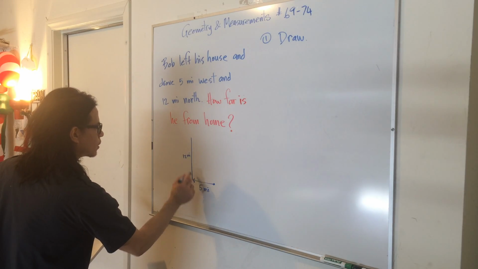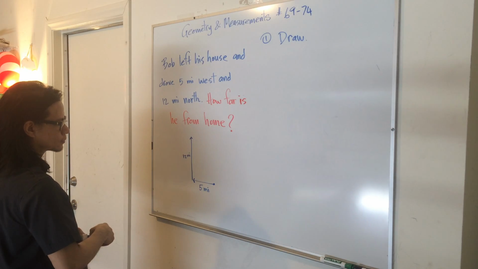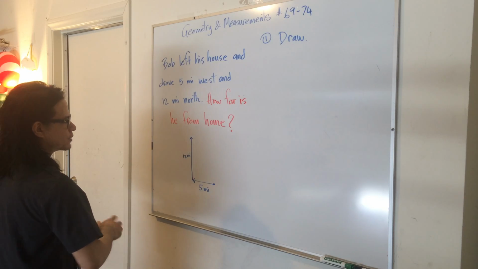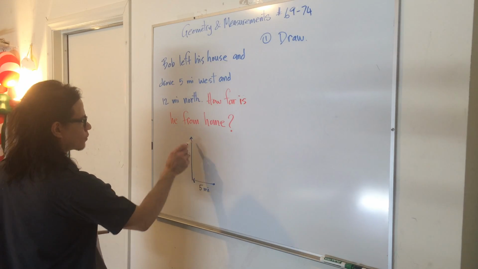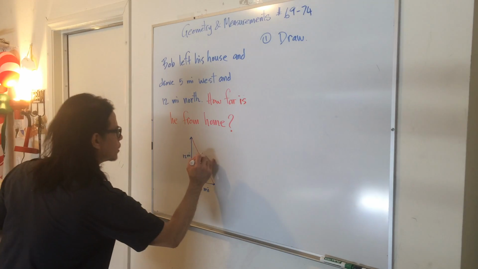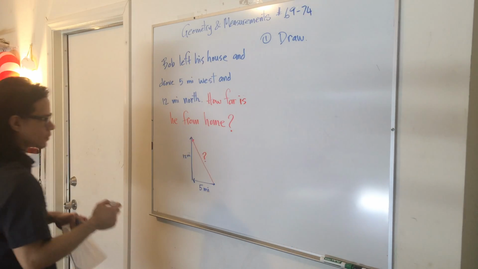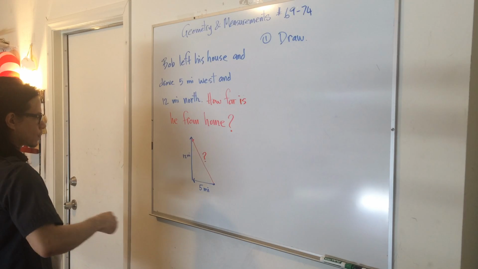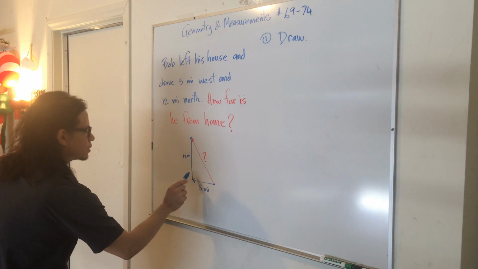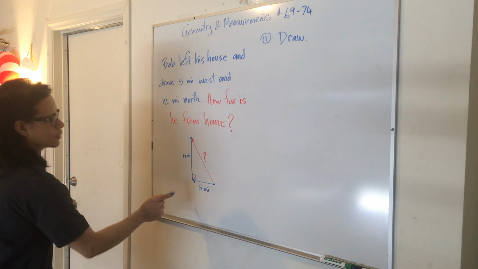Okay. So after going north, how far is this distance here? Okay. So here, this is what we don't know. It takes a little bit of intuition to recognize that this is a special angle.